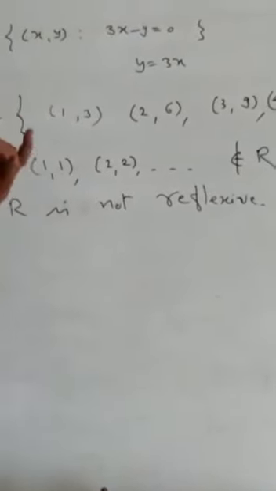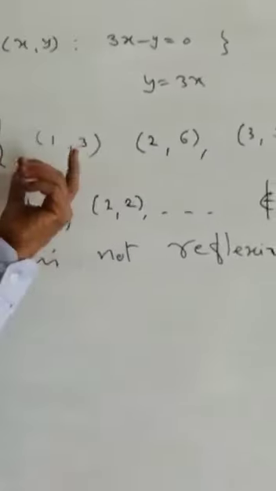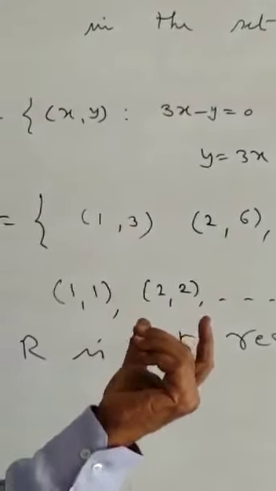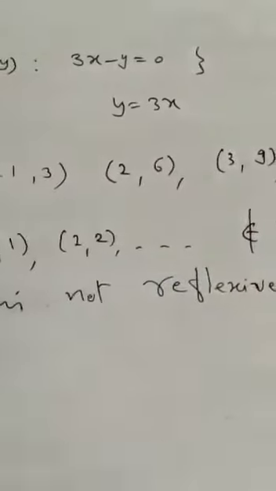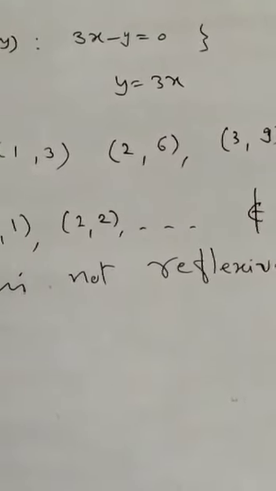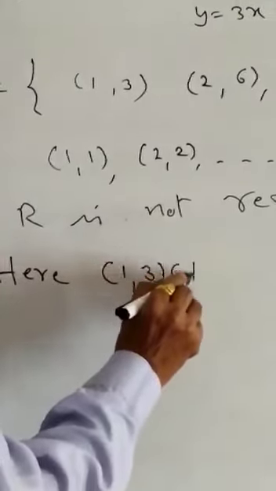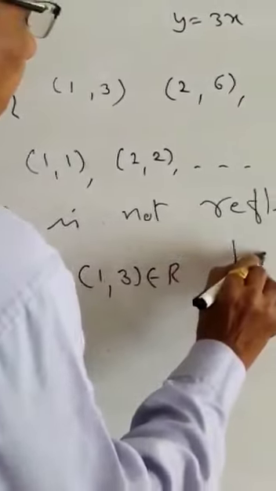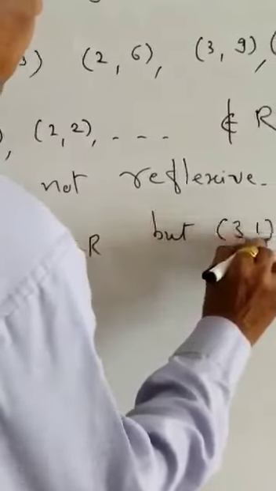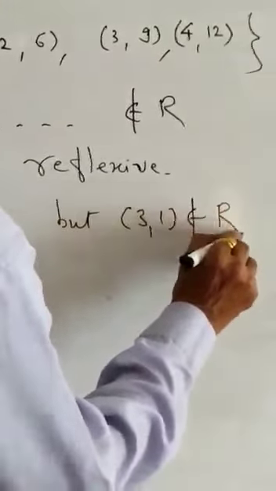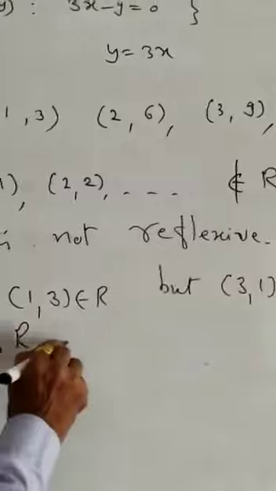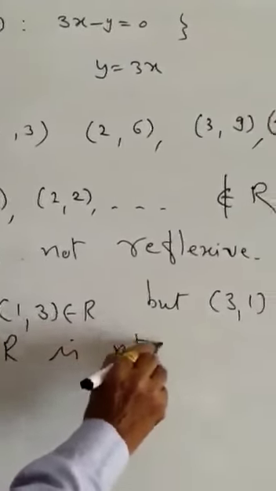Now let us think about ordered pair (1,3). (1,3) belongs to R. If we interchange 1 and 3, the ordered pair becomes (3,1). But (3,1) is not in R. Right? Here (1,3) belongs to R, but (3,1) does not belong to R. Therefore, R is not symmetric.